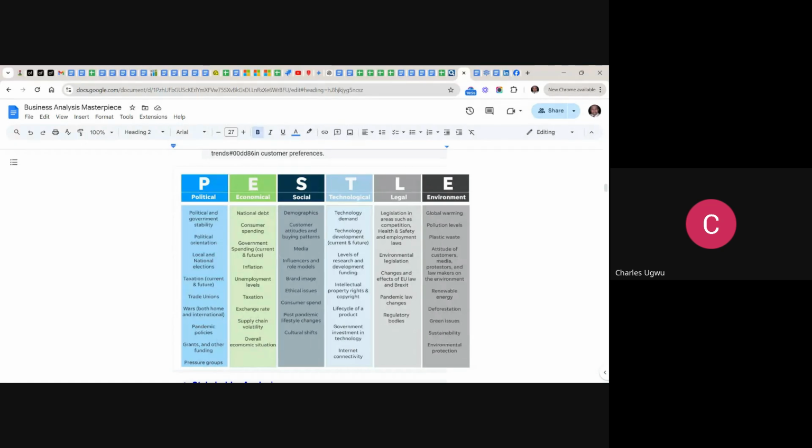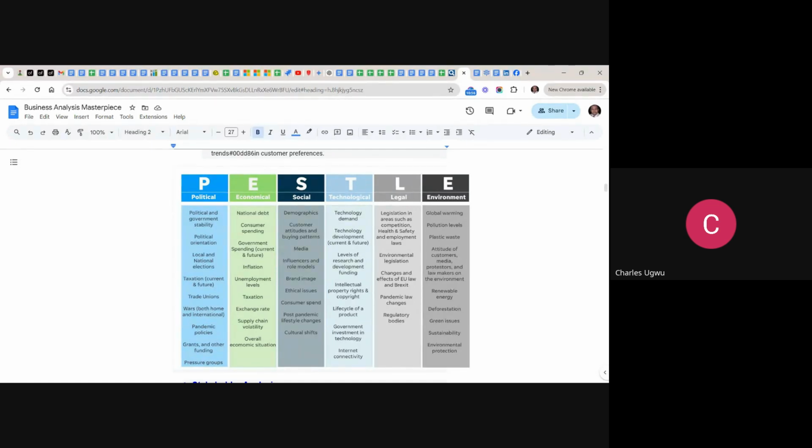We have unemployment level, taxation, exchange rate, supply chain volatility, and the overall economic situation. These are things we need to understand in order to be very well informed in advising the stakeholders.